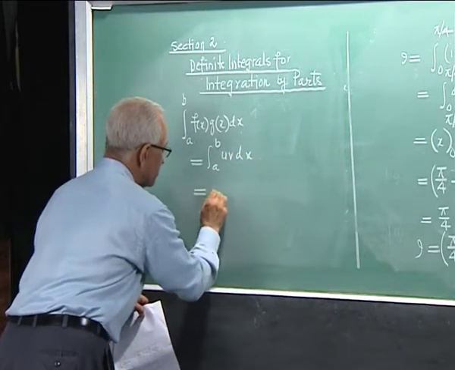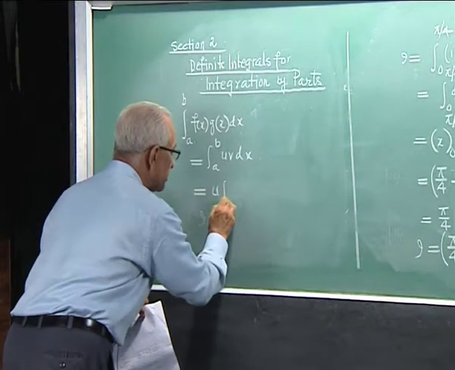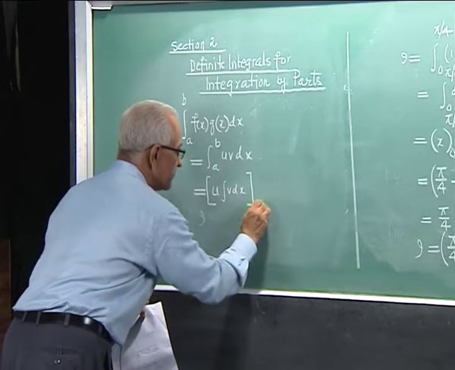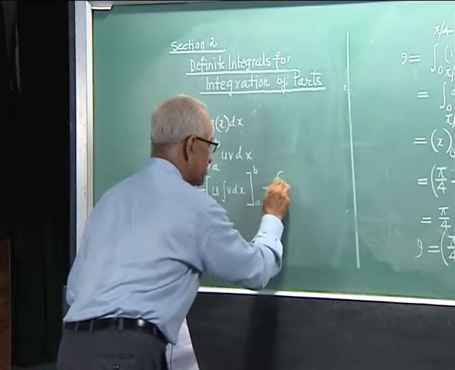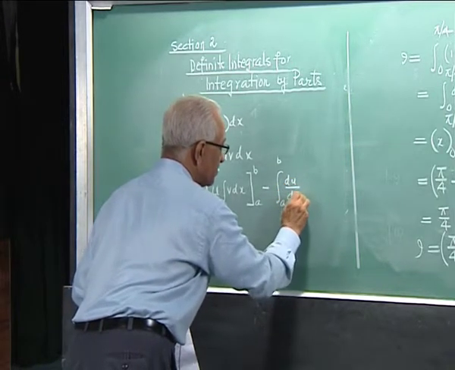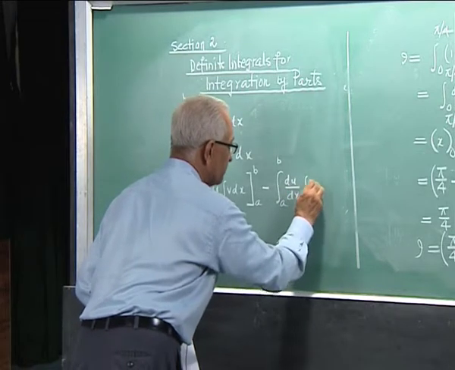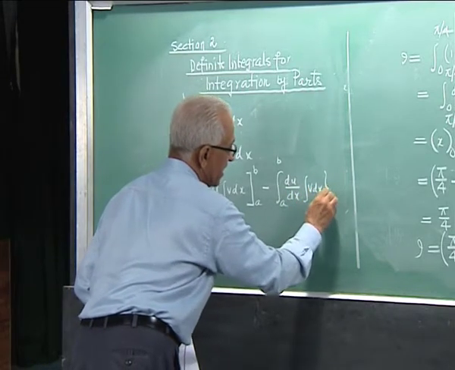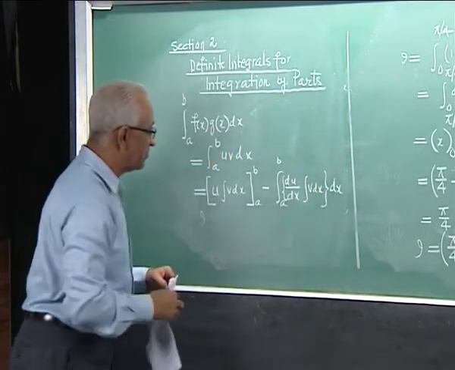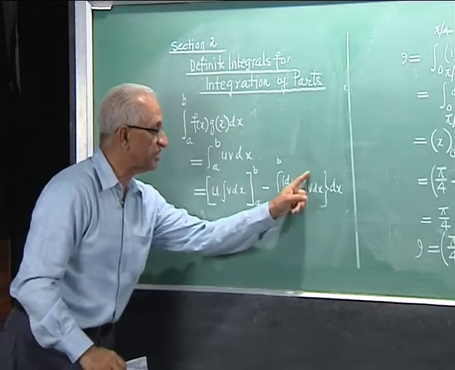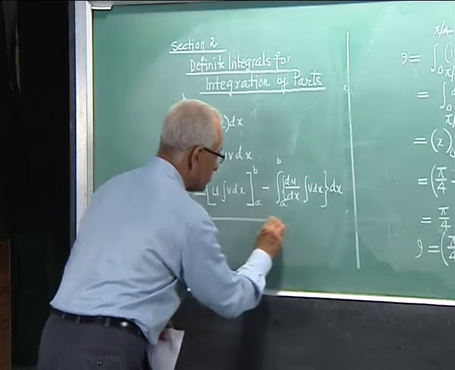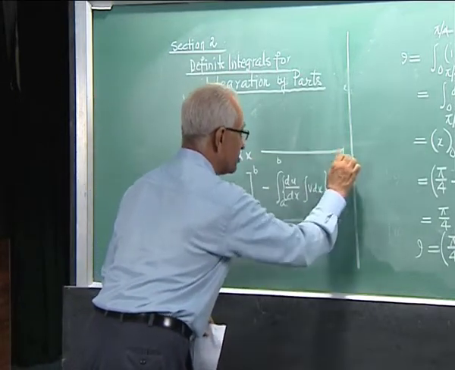We write it as the first function into the integral of the second function v dx, the whole of this within limit a to b, minus the integral from a to b of the differential of the first, du upon dx, into the integral of v dx, and whatever the integration now comes, we will put the limit. Remember, we don't put any limit here, we don't put a limit here, the whole is limited, and therefore this I enclose, call it a very important formula.